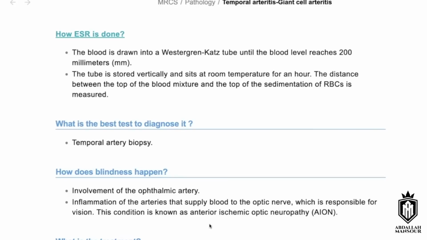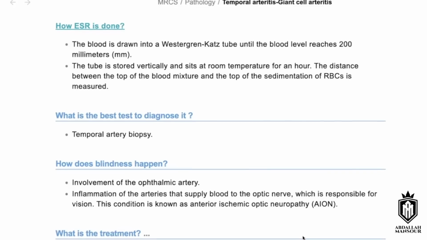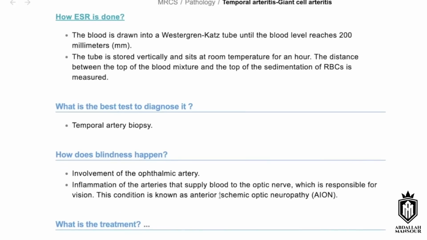Right, anterior ischemic optic neuropathy. And this is basically when blood clots from the temporal artery migrate and go to the ophthalmic artery.